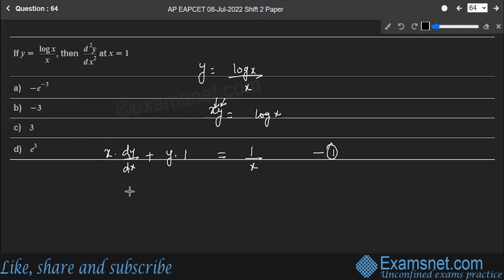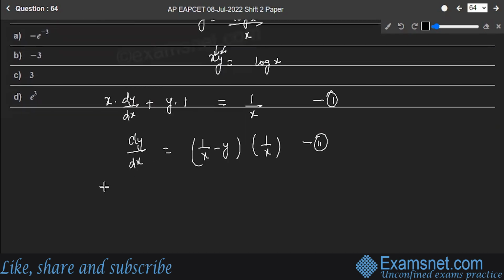Now this can be written as dy by dx is equal to 1 minus y, into 1 upon x. So these are the two equations, right? Now I'll pick up the first one and find out the second derivative.